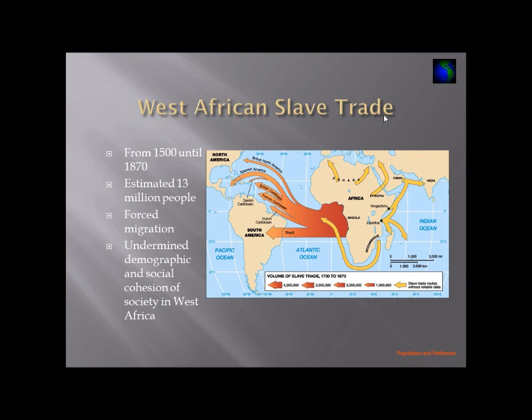And note where a lot of those forced migrants ended up: South America, Brazil. I would also suggest that you do a little research on the colonial power and how those people were accepted into society after emancipation. It has a story to tell. There is a story to tell.